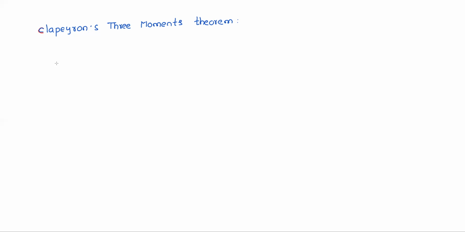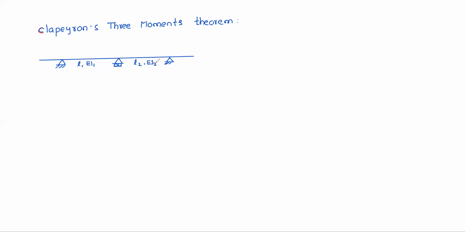Suppose you have two spans like this, L1, EI1, and L2, with flexural rigidity EI2.